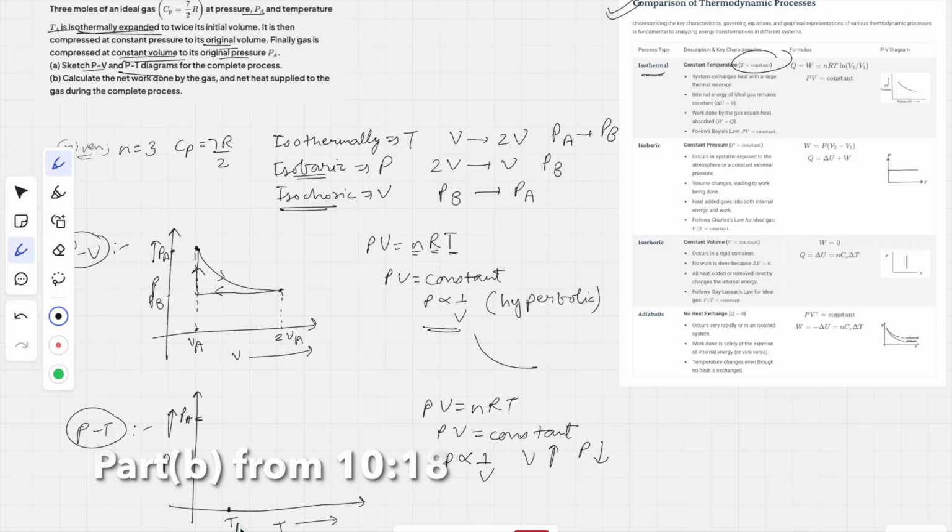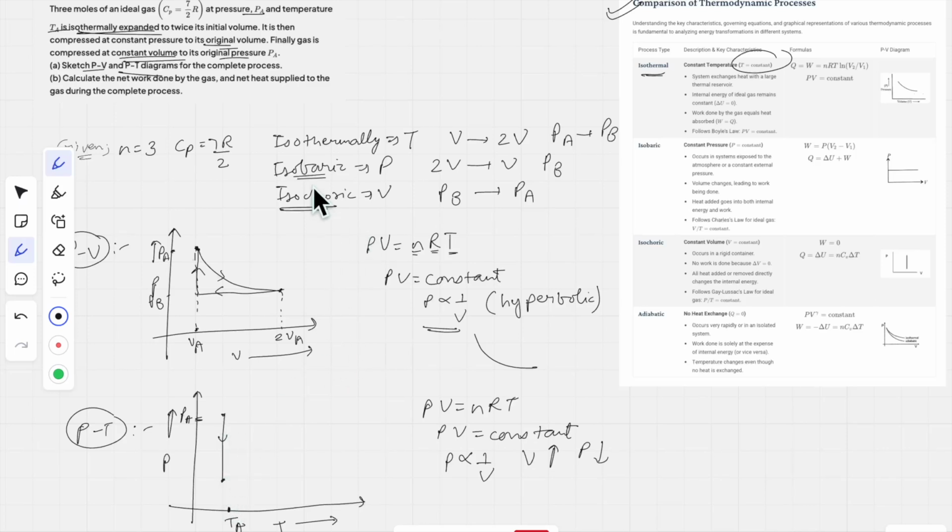So we will come from here to this point. Why a straight line? Because temperature is constant at TA and pressure is decreasing because volume is increasing. So this is my isothermal process where my volume is increasing from V to 2V.